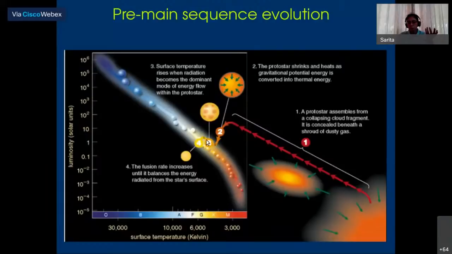Once it forms a main sequence star, it will settle on this point. So it is the same star which has traveled across the HR diagram, and now it is sitting here. And it will sit here for as long as it is in the main sequence phase, because in the main sequence phase, the temperature and luminosity hardly change. There is a very small change.